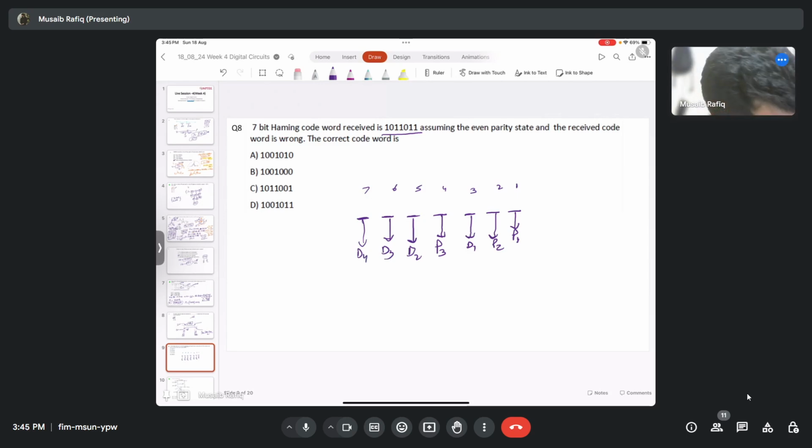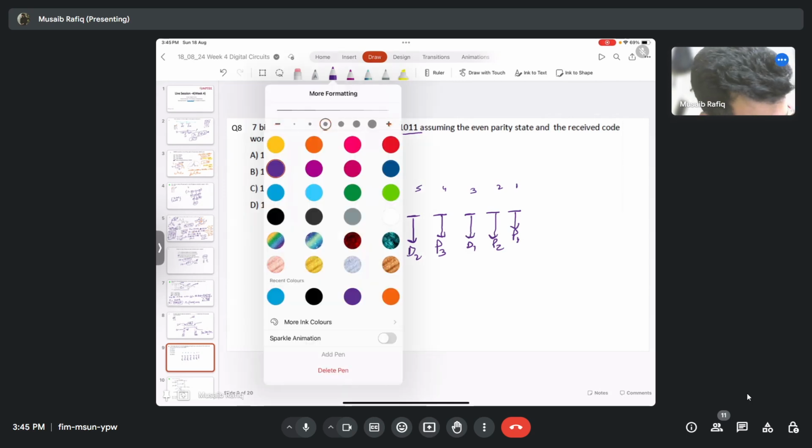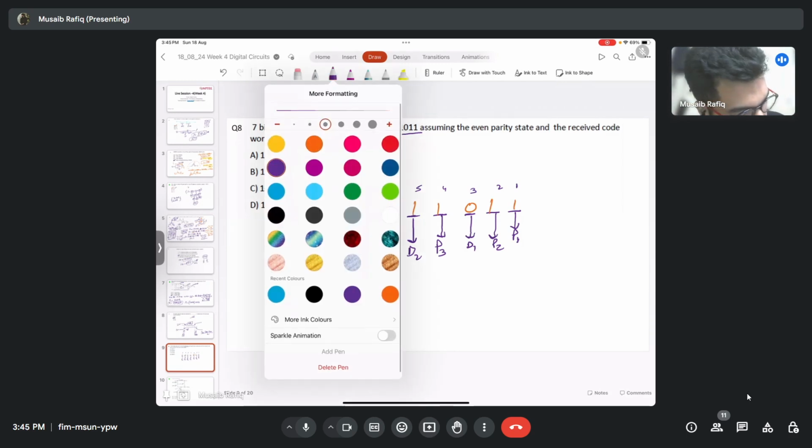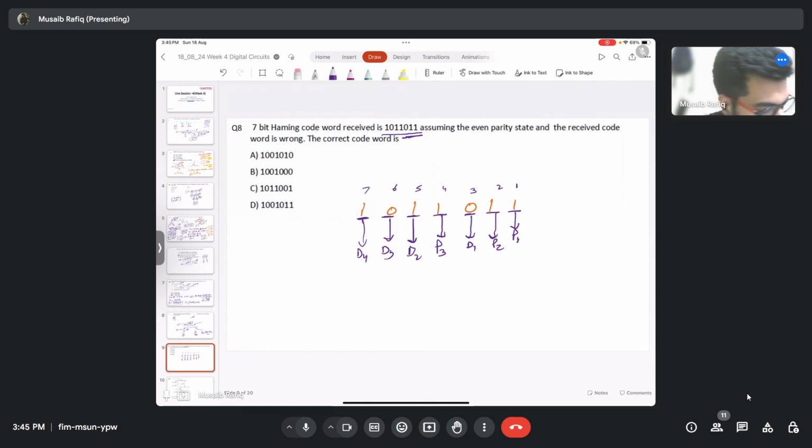Now we'll write the code that we received. The code that we received was 101101, right? This was the code given here. Now it follows even parity. Let's just take parity 1 first. Parity 1 covers bit position 1, bit position 3, bit position 5, and bit position 7.